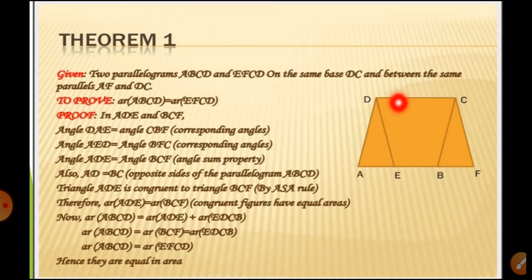Now, area of ABCD is equal to area of ADE and area of EDCB. Therefore, area of ABCD is equal to area of BCF plus EDCB.